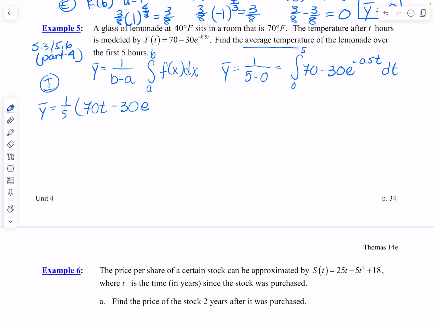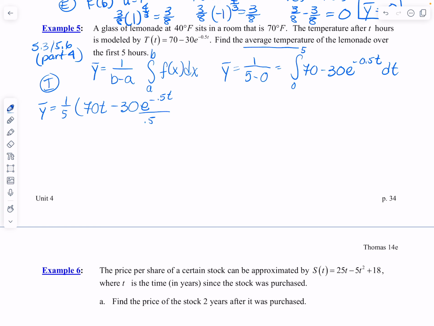Now if I add 1 to the exponent, it's still negative 0.5t, and I'm going to divide by that, negative 0.5. Okay, that's the rule for e raised to something that's not just x.